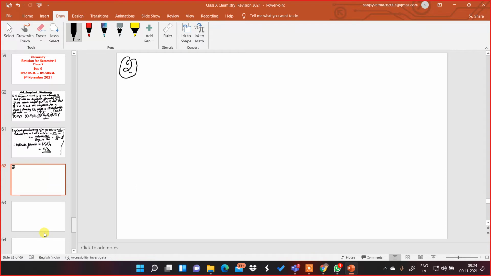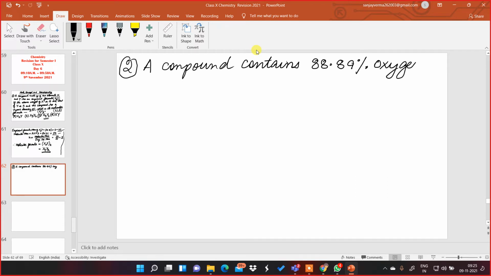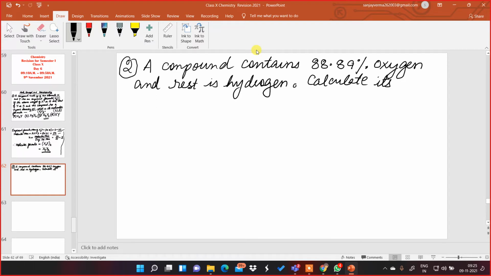The question is like this: a compound contains 88.89% oxygen, and the rest is hydrogen. Calculate its empirical formula.